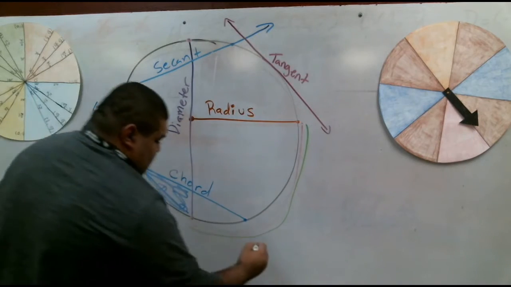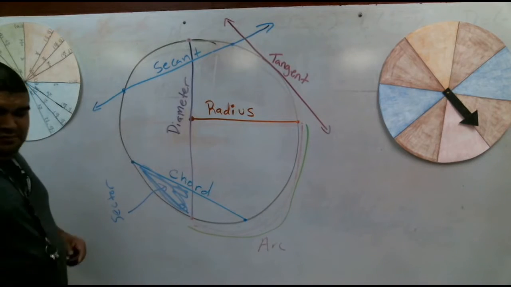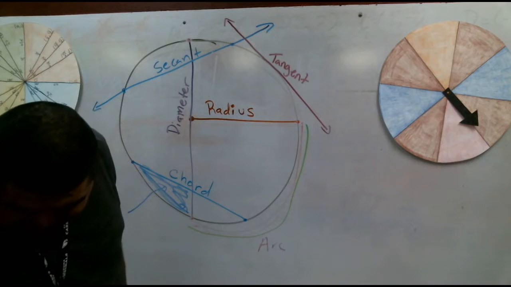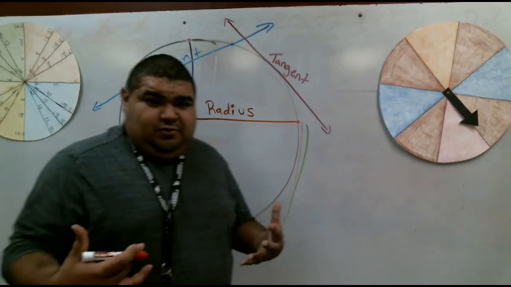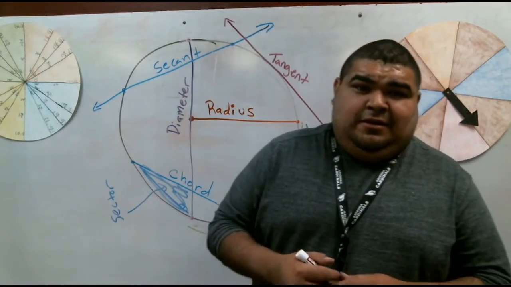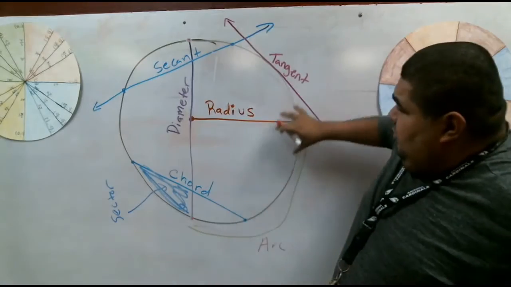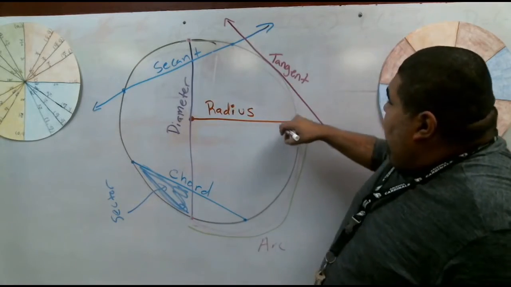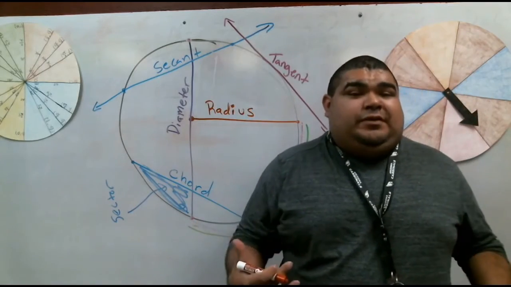Remember arc. When you're looking for the value, or the area, shall I say, of the circle, it means the whole circle. All the edge is called a circumference.